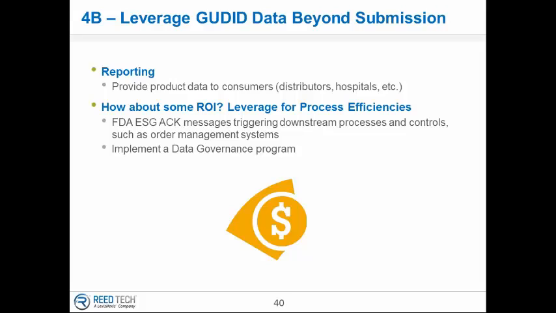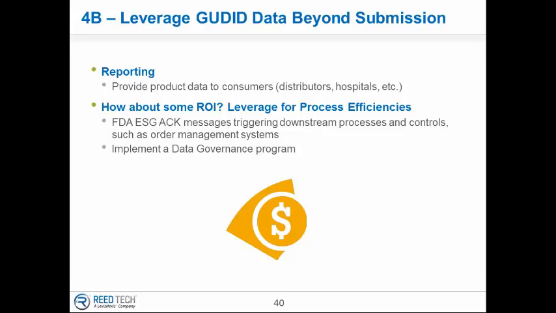And speaking about ROI, this is a story that was brought up to me recently that I thought was pretty incredible. As I mentioned earlier, the FDA has these ACK messages saying that your submission has passed validation, so it would be an ACK 3 pass. A company designed a tracking and reporting system to read that positive ACK 3 for that DI and kick off downstream processes automatically, such as going into the order management system and shipping.